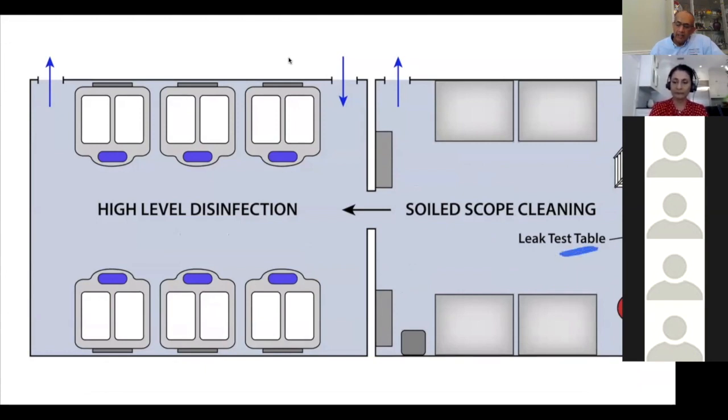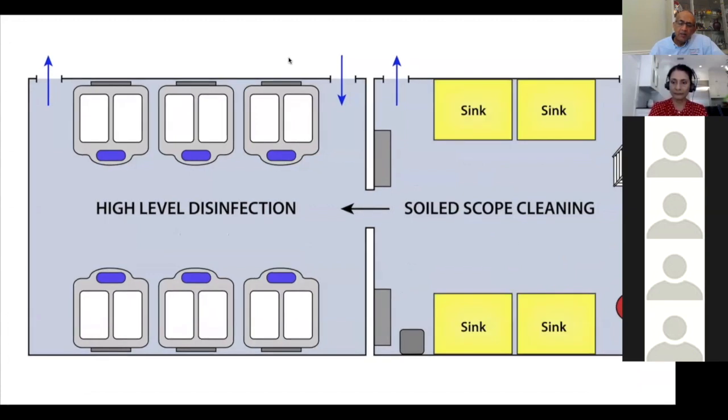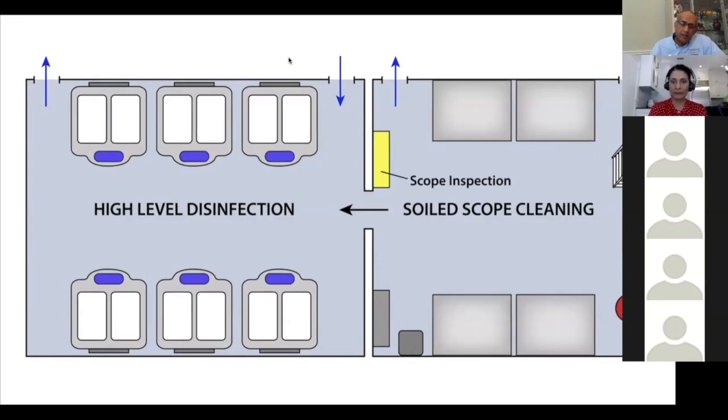And then after the leak test, you go to the sinks for manual cleaning, where you get rid of the bioburden. And once you do the manual cleaning, you inspect the scope to make sure that your cleaning has gone well.